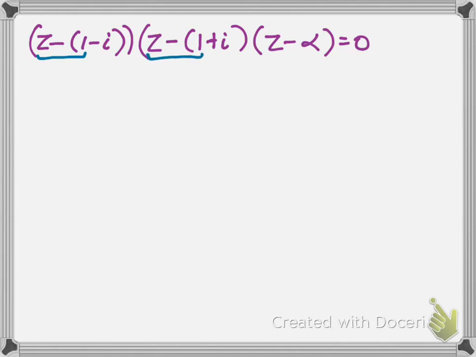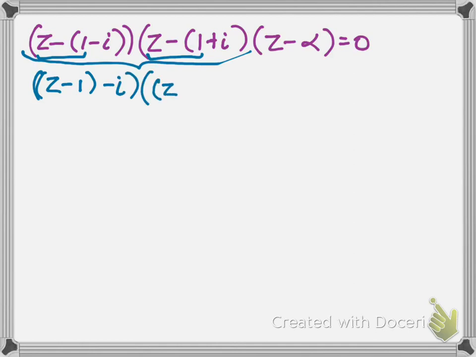So we are going to do this first: z minus 1 minus i into z minus 1 plus i, into z minus alpha.